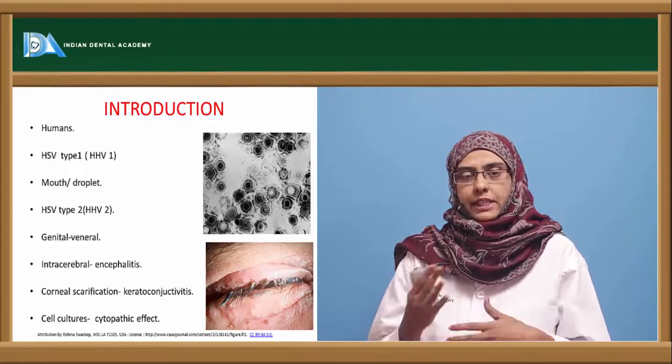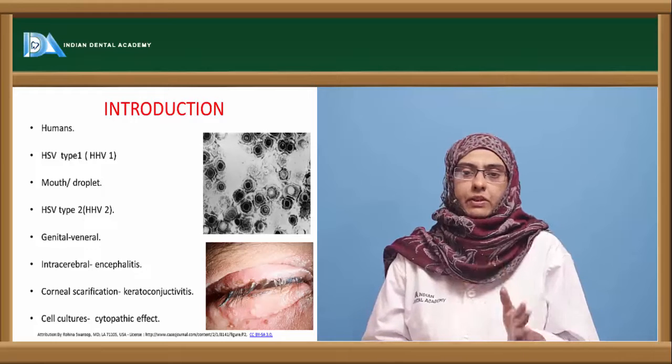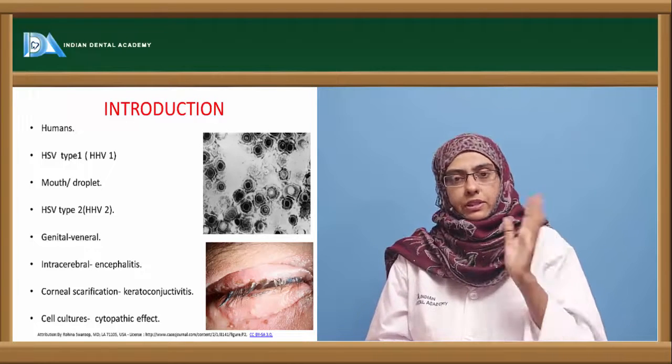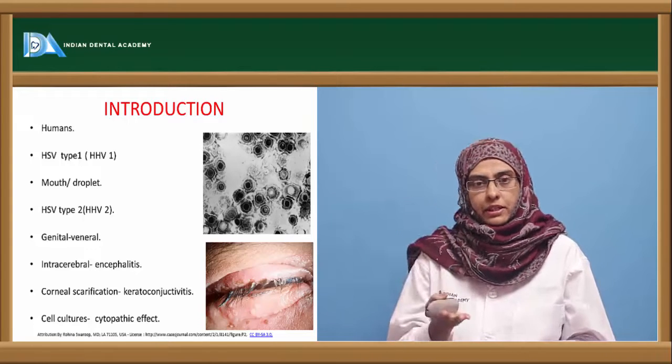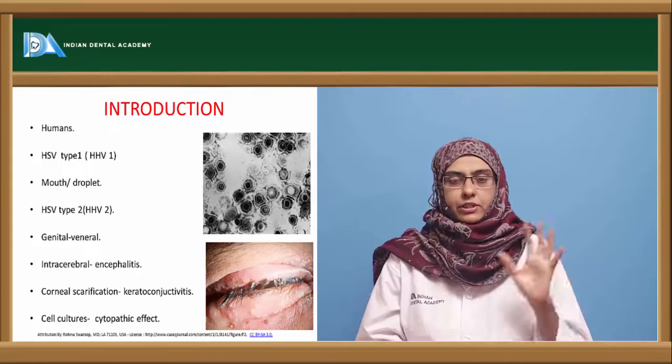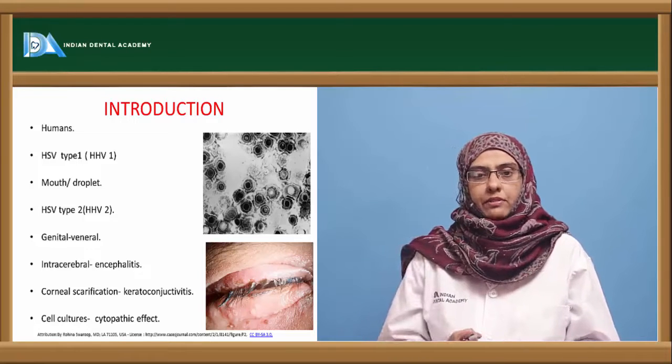We usually designate herpes simplex virus 1 as human herpes virus 1, and 2 as human herpes virus 2. Type 1 is the one that exclusively causes skin lesions of the mouth, and type 2 is usually transmitted via the genitals.